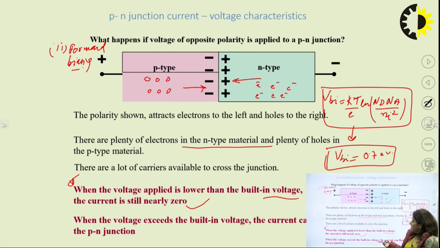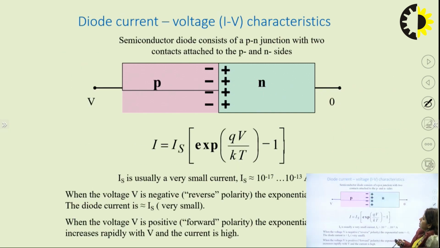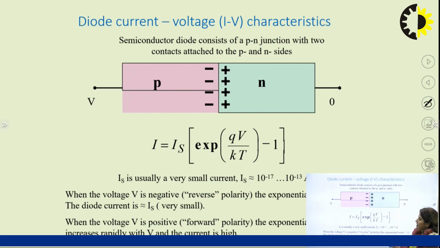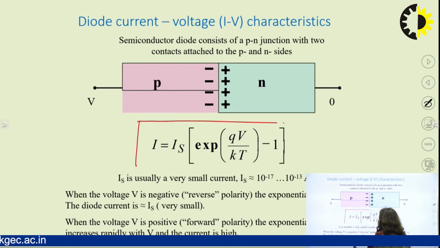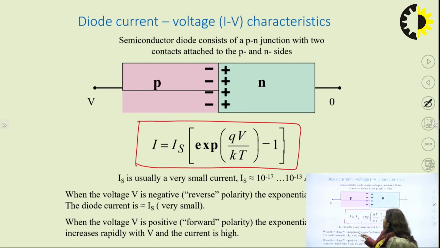When the voltage exceeds the built-in voltage, the current can flow through the PN junction, and there will be a rise in the current as you increase the voltage in forward biasing. We have a diode equation, or diode current-voltage characteristic, for the PN junction, also called the Shockley equation or the diode equation.